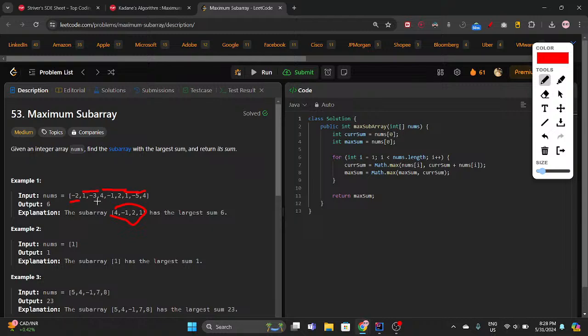So if sum becomes zero, it means it is our end, less than zero. So start will start with zero, and we will update it.